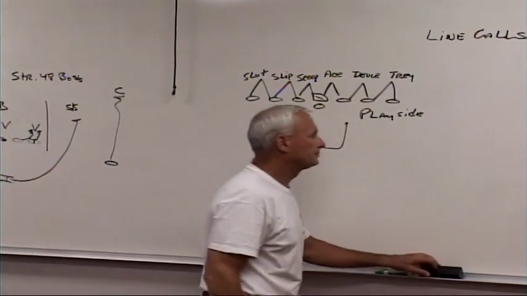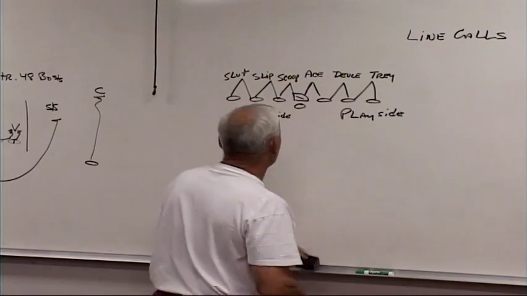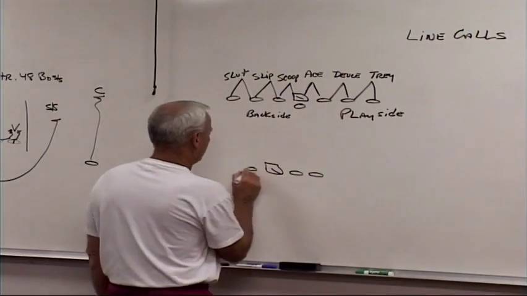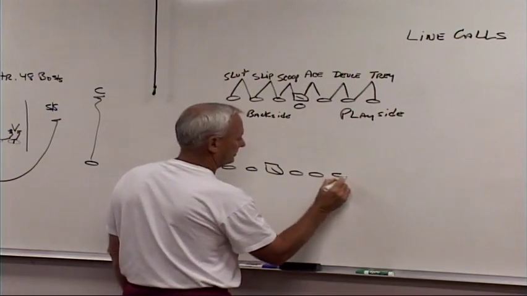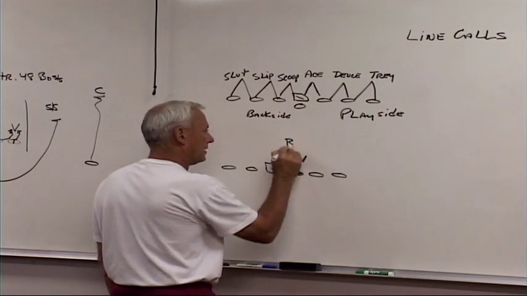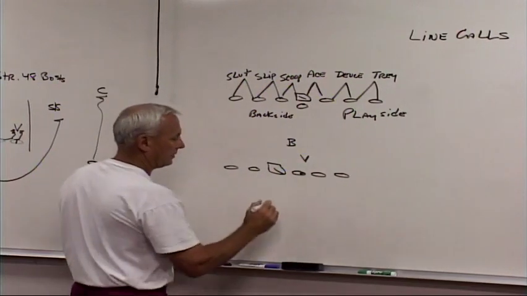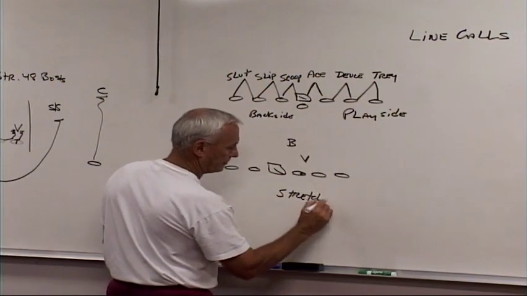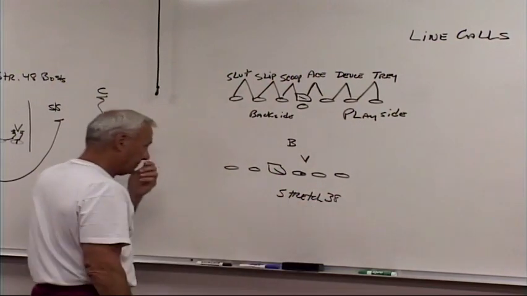For example, on your front side stuff, if we were running the zone play, we have a 3 technique here, and a linebacker here. We're going to run stretch, 38. Okay?